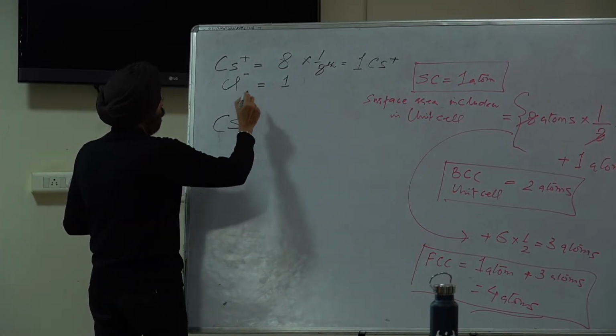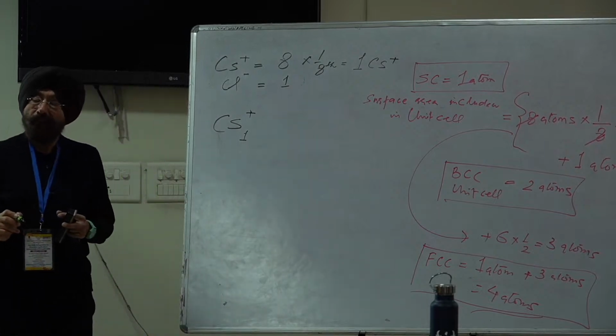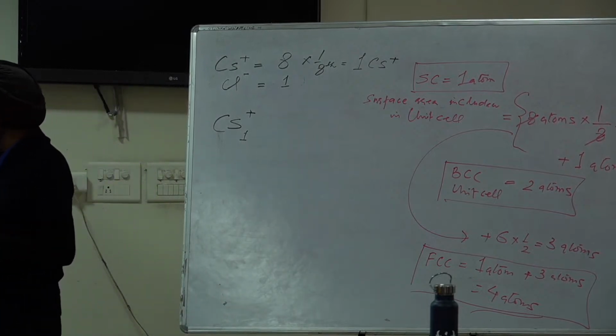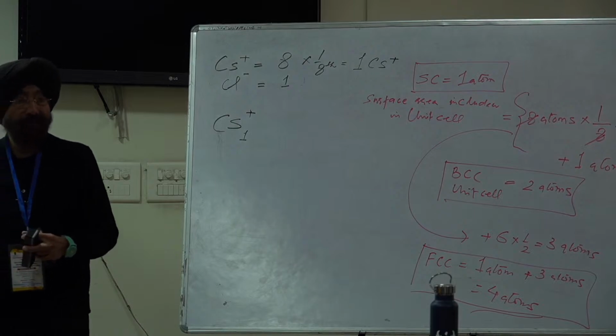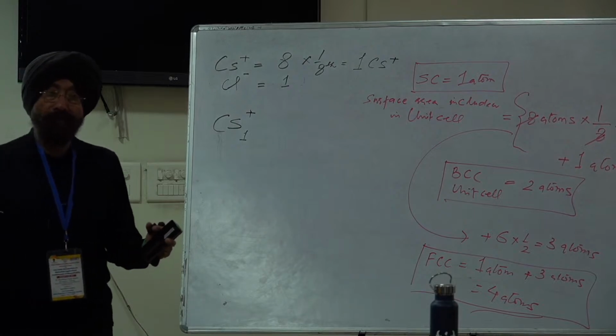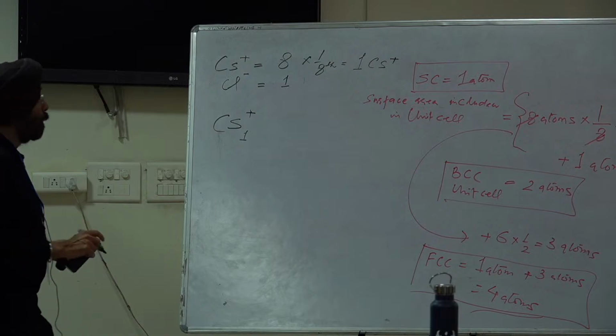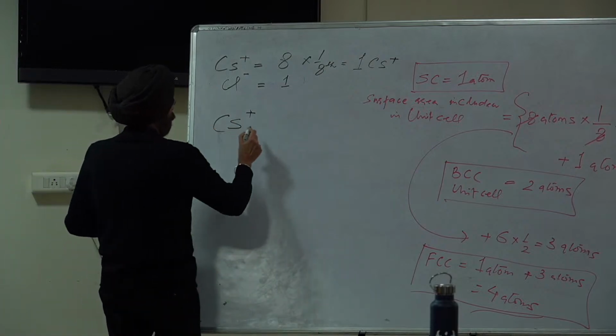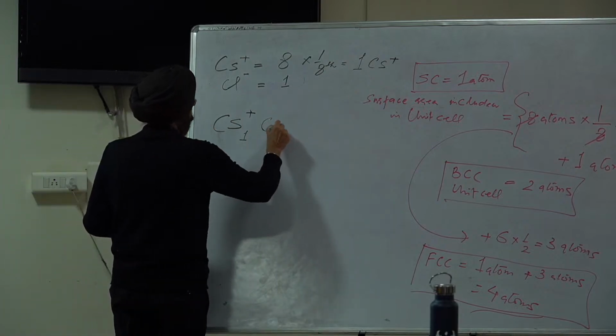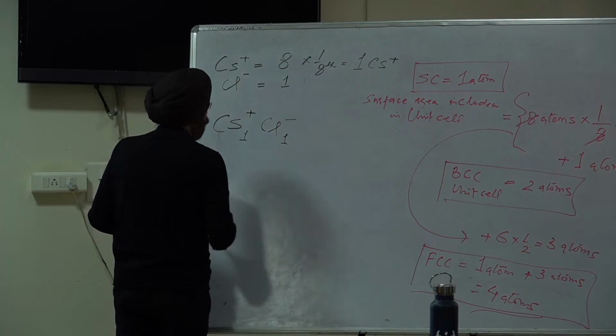And how many chloride? 1. That is exactly embedded in the center, and therefore its total surface area is equal to 1 atom. So therefore I can say, writing the chloride again, 1.